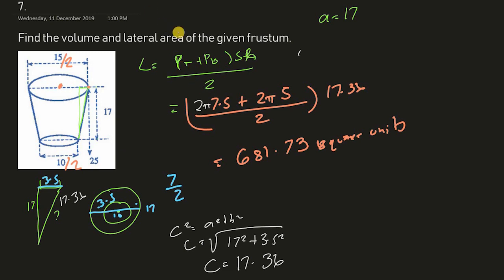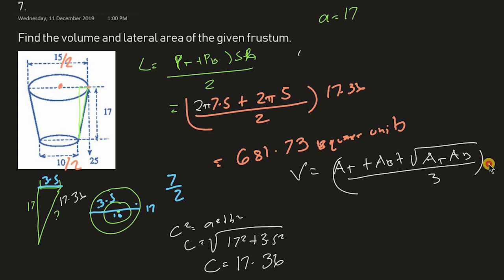So next na isosolve naman natin guys is yung volume. Volume nga guys, that's the area of the top plus area of the bottom plus the square root of the area of top times area of the bottom, divided by 3. Ito lahat to multiply sa altitude. Altitude ngayon is yung 17.